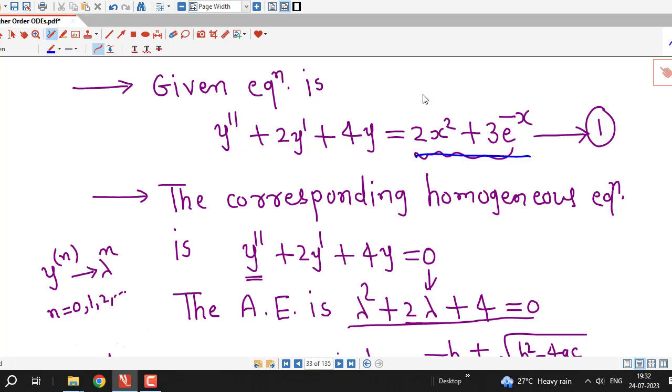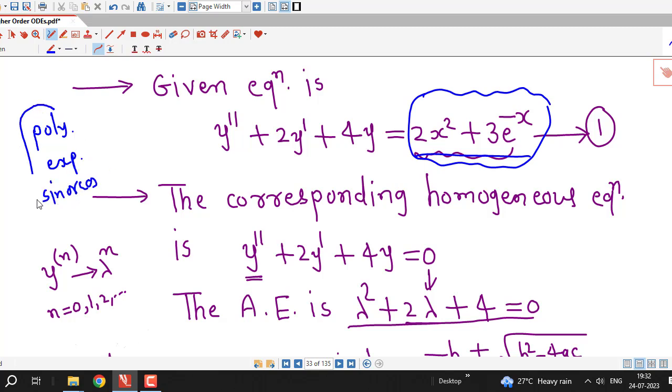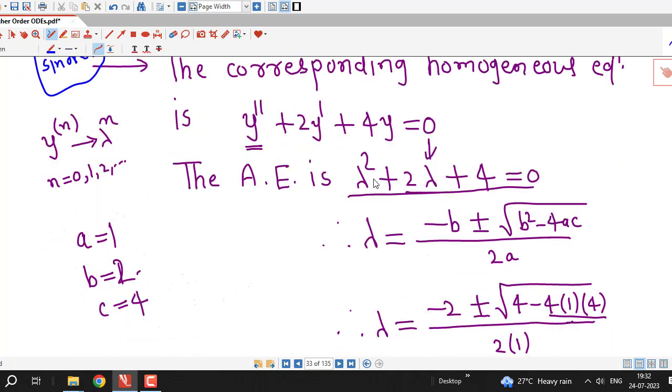So we know that the method of undetermined coefficients is applicable if we have special right hand sides, that is if we have a polynomial function, exponential function and sine or cosine, and linear combinations of all these functions are allowed. Here we have a linear combination of polynomial and exponential function, therefore we can use the method of undetermined coefficients.